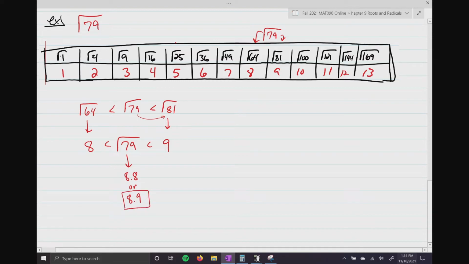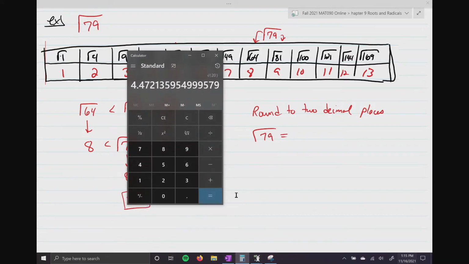Now, the only way to be sure, and if we round it to 2 decimal places, is to get out our calculator. So I'm going to use the calculator on my computer again. I'm going to type 79 first, hit the square root button.